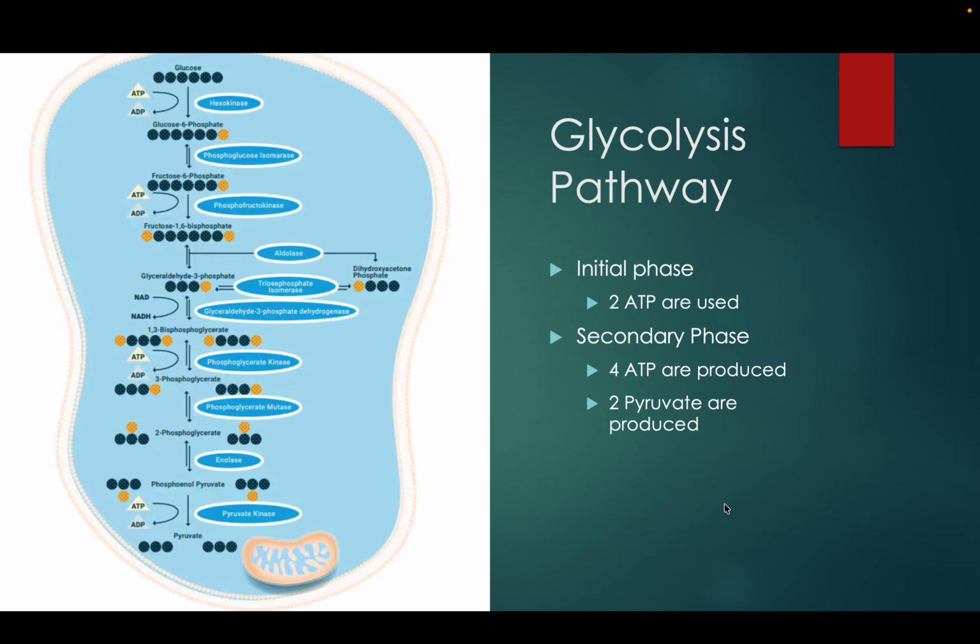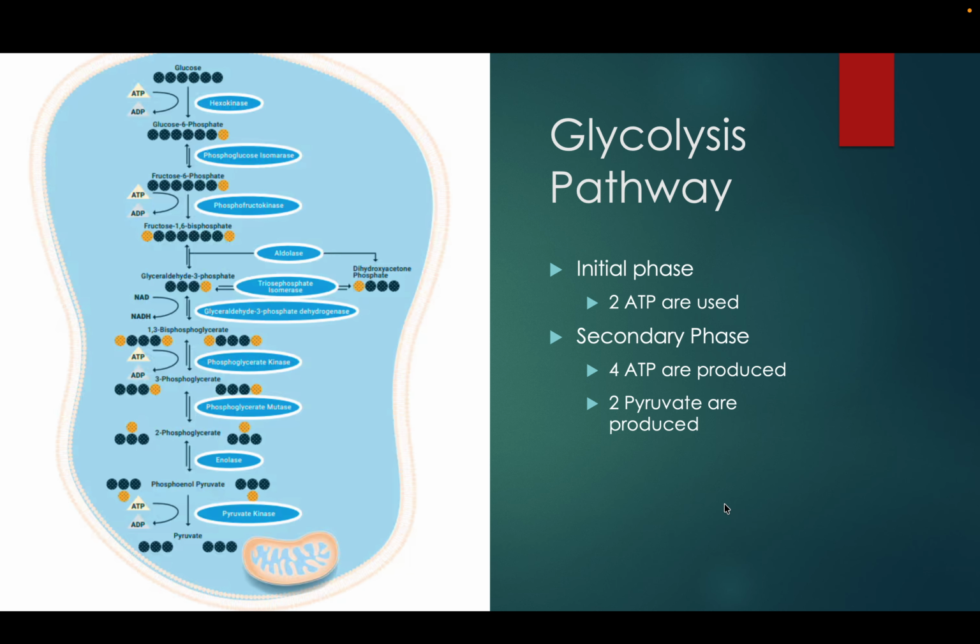Next, in the third reaction, fructose 6-phosphate is converted into fructose 1,6-bisphosphate by an enzyme that is known as phosphofructokinase. This step requires the second and final ATP of the entire process.